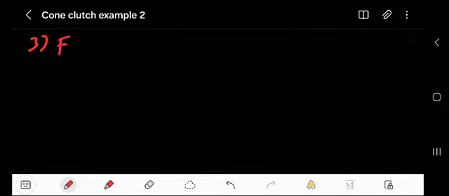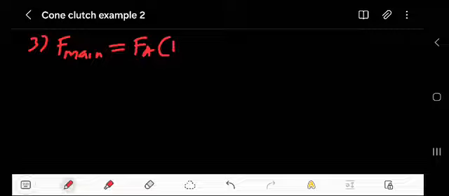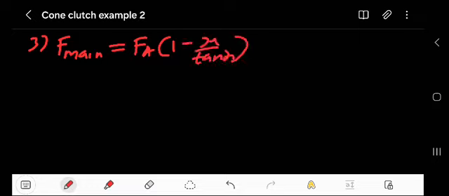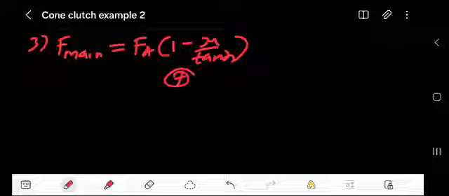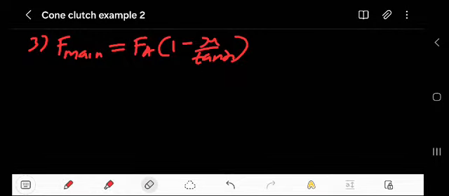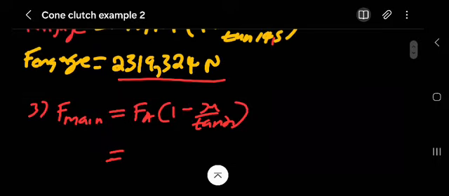Now it will become F main. You are maintaining, isn't it? It's F main, which will be 1, but the difference is here. This would be minus over turn, whereas the other one is plus. The difference is that.